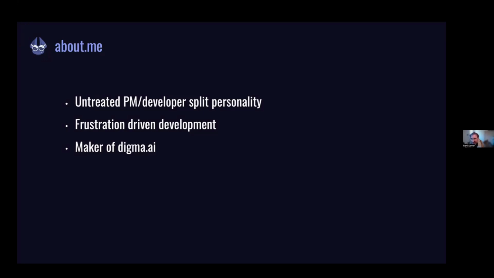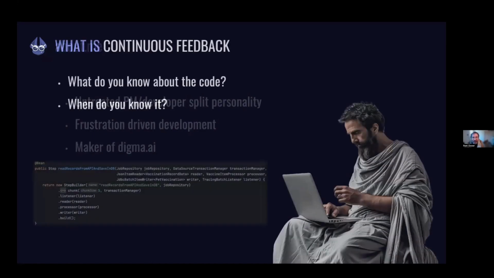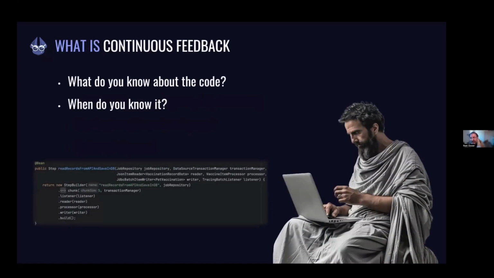So I use this term continuous feedback. I know it sounds like a bit of a strange term. I swear to you that I did not make it up, and I will prove it as well. But let's discuss what it actually means. For me, continuous feedback is about two very simple questions that we need to ask ourselves. The first question is, what do we actually know about our code?